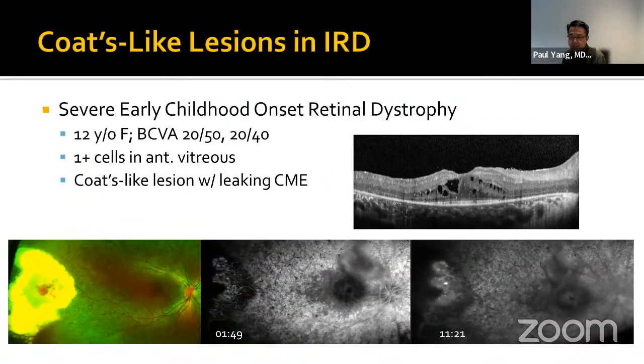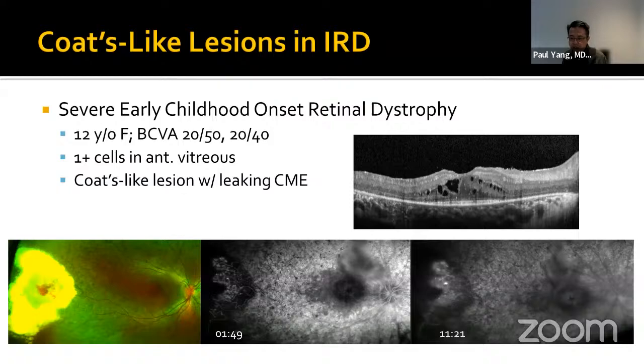So this is a case of severe early childhood onset retinal dystrophy. That's a broad category. There's many different genes that cause degeneration early in life within the first decade of life. This is one of those. So 12-year-old, there's 1+ cell in the anterior vitreous, and then there's this peripheral lesion that looks exudative.